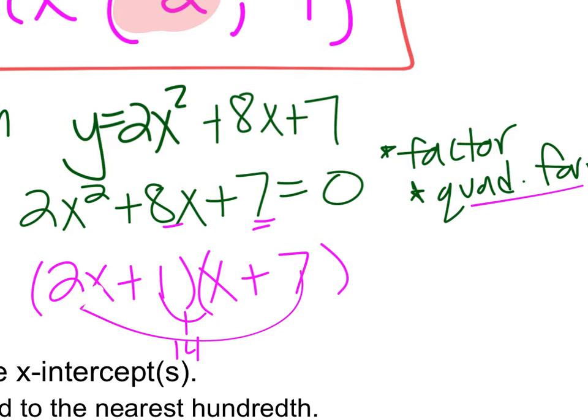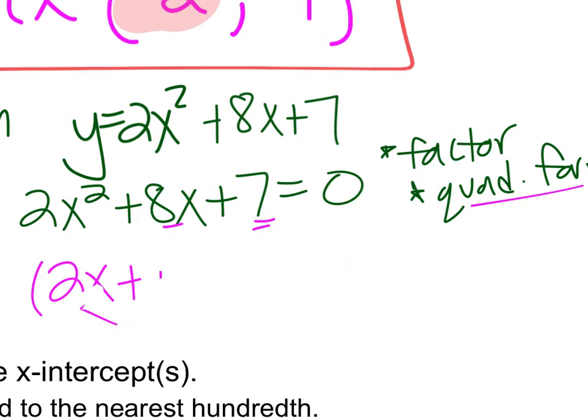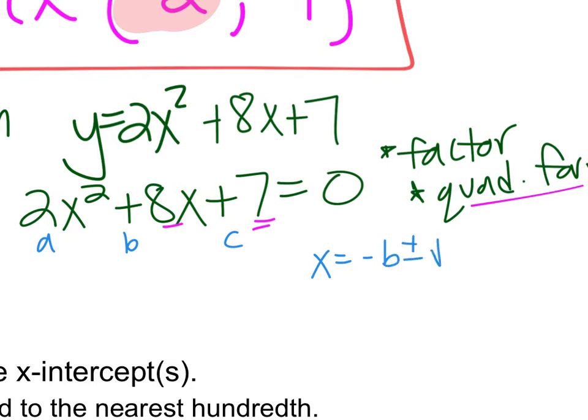So I'm going to erase this part. And let's use our quadratic formula. So we'll have an a, b, and c value. x equals the opposite of b plus or minus the square root of b squared minus 4 times a and c, all over 2 times a.